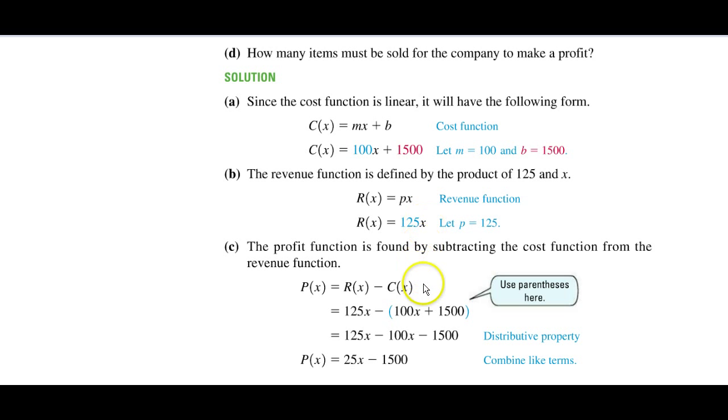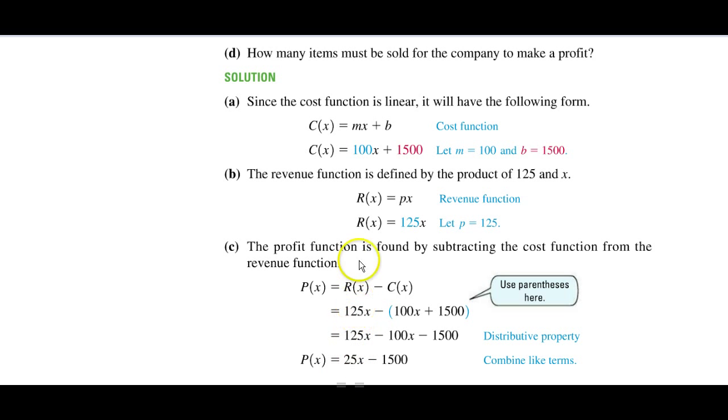But here we want to know, where do we start to get profit? Well, there's your revenue. Now it's critical to put your cost in a parenthesis, because you're going to subtract it. Now notice what happens. This becomes negative. This becomes negative. We do our subtraction of this and that, and we then get our profit formula.